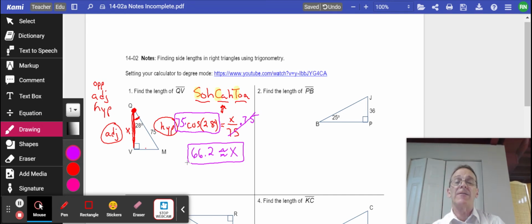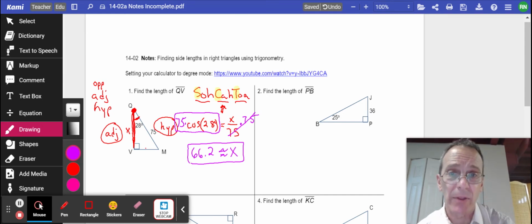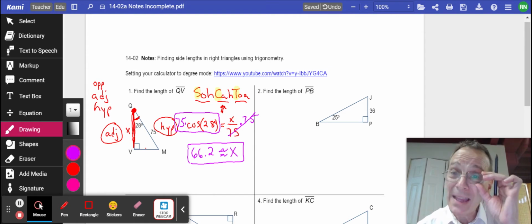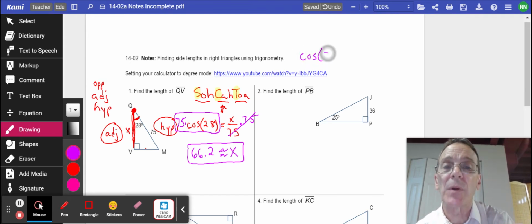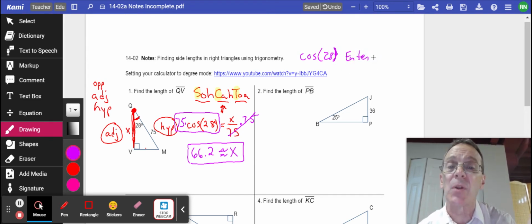Okay. Now, if you don't have a TI 80 something or other, what you might need to do, instead of punching in the 75 times, is you might need to punch in cosine of 28 degrees first. You don't need the degree symbol, and hit the enter key, and you'll get that long decimal answer.